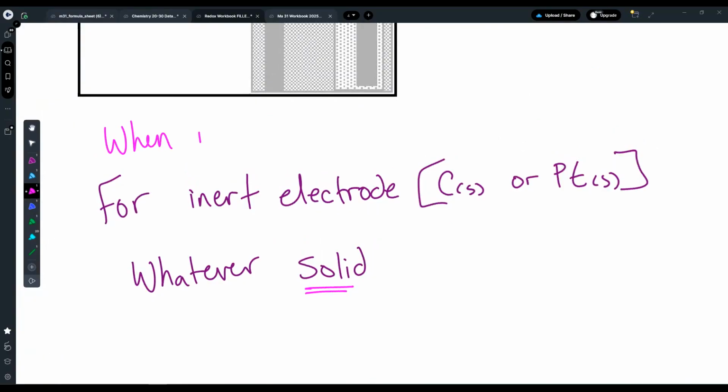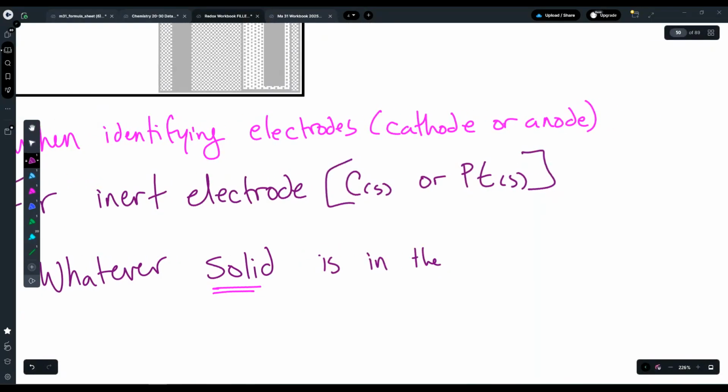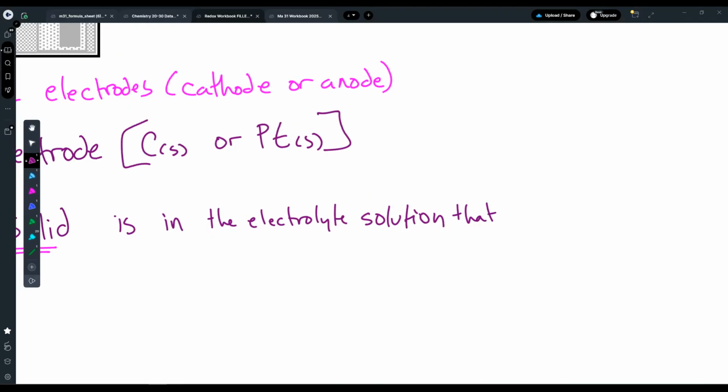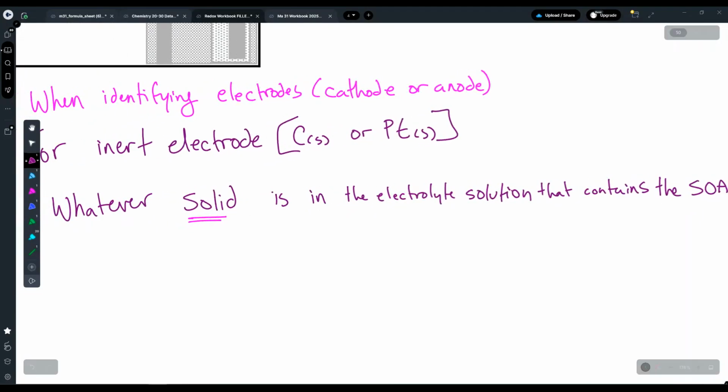So when identifying electrodes, so your cathode or anode, whatever solid is in the electrolyte solution that contains the SOA is the cathode.